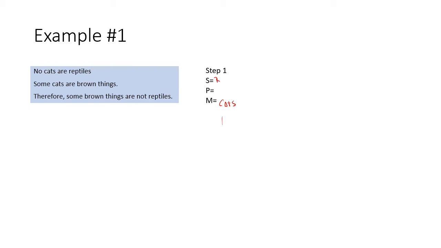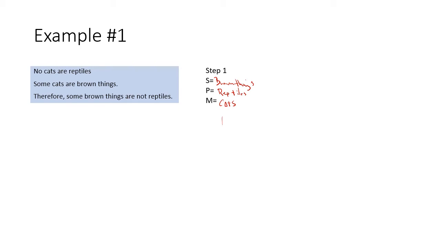In this case, that's brown things. And then the P is the predicate of the conclusion, the major term, and in this case that's going to be reptiles.